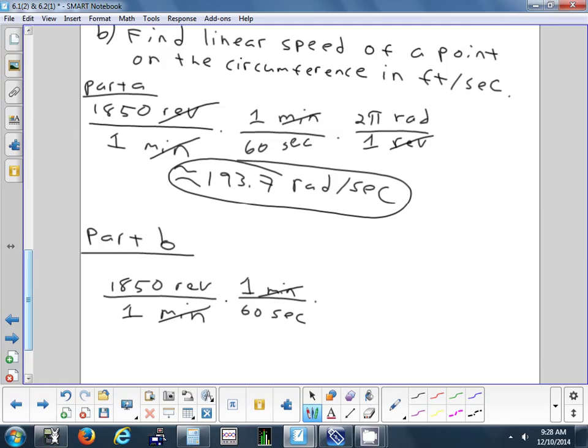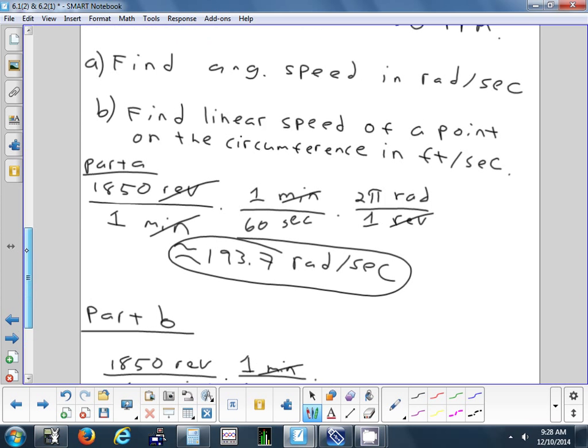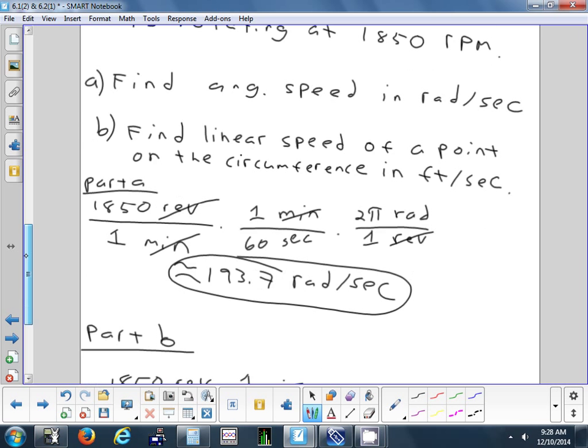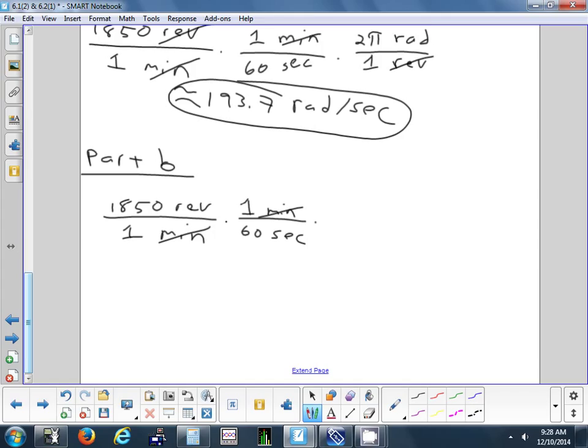So how are we going to change revolutions to feet? Any thoughts here? Okay, so you know your radius up top? So you can use your radius to find your circumference, and one circumference is equal to one revolution. Yes, exactly.